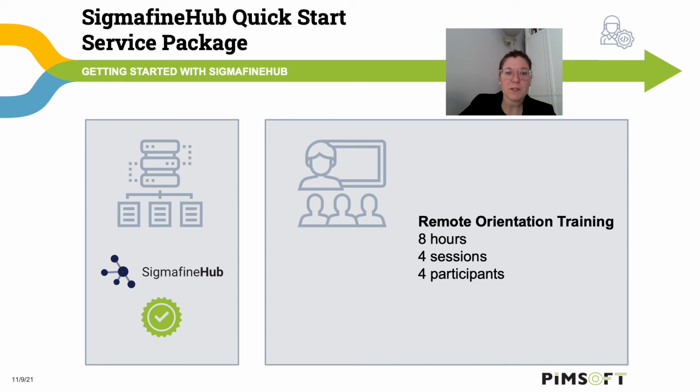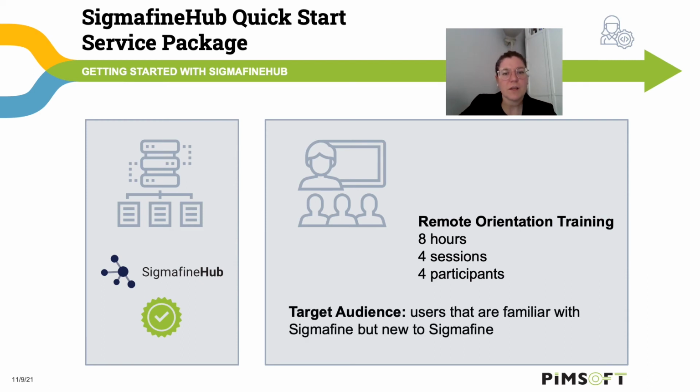All the users must be already familiar with Sigmafine, since this is not a Sigmafine user training. This course will show the new graphic interface of Sigmafine's visualizers and the new features. The concepts of Sigmafine, however, are unchanged, so the user will not take too long to understand how to use Sigmafine Hub.